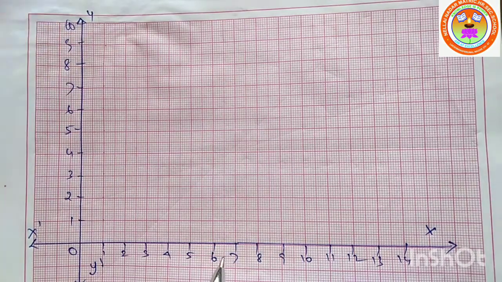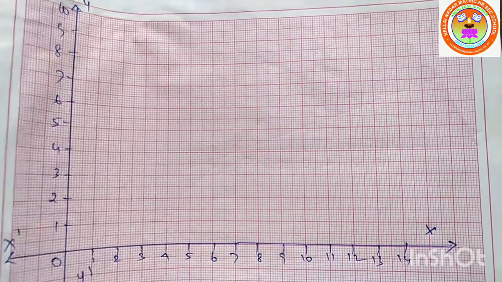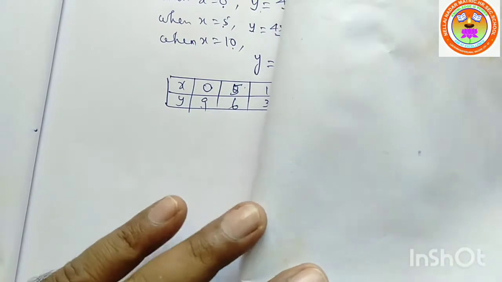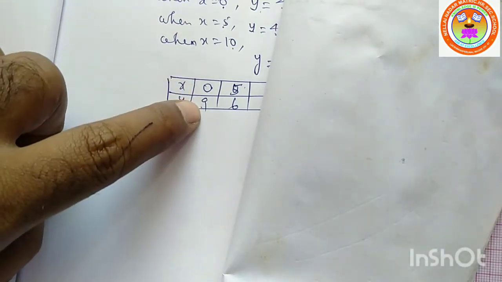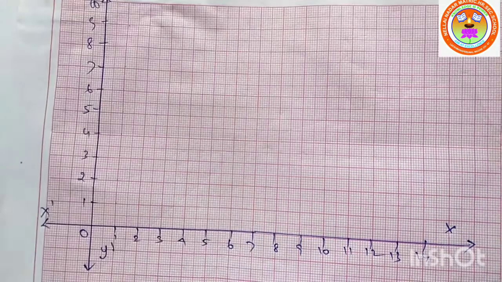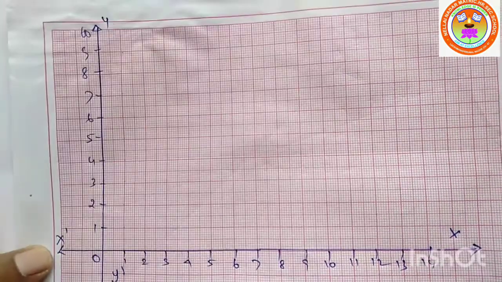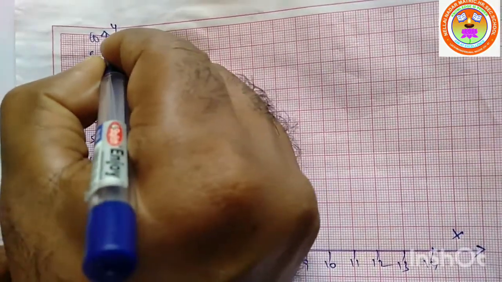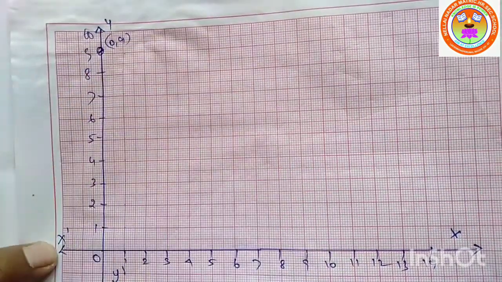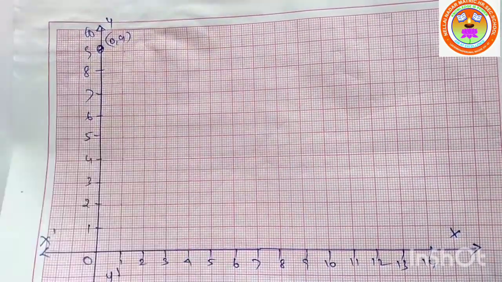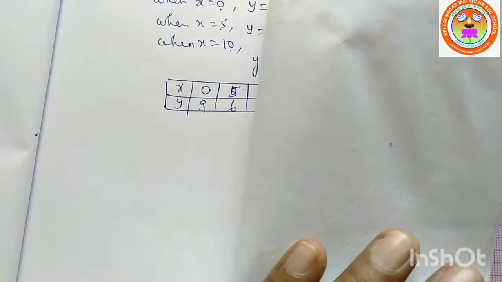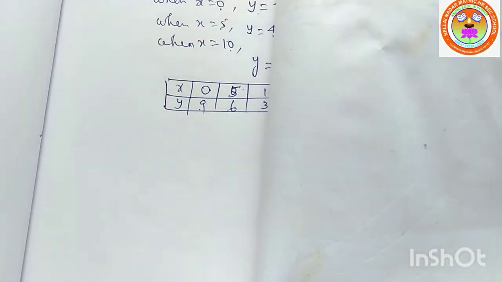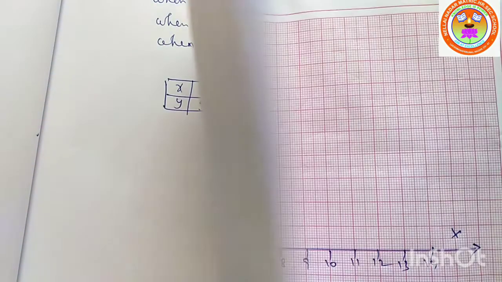Now we can plot the points, right? What are the points? The first point is (0, 9). X value 0, y value 9 means this is the point. (0, 9). What about the second point? The second point is x value 5, y value 6.